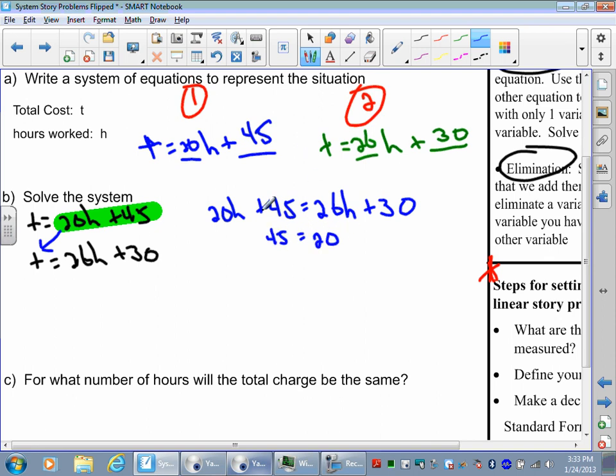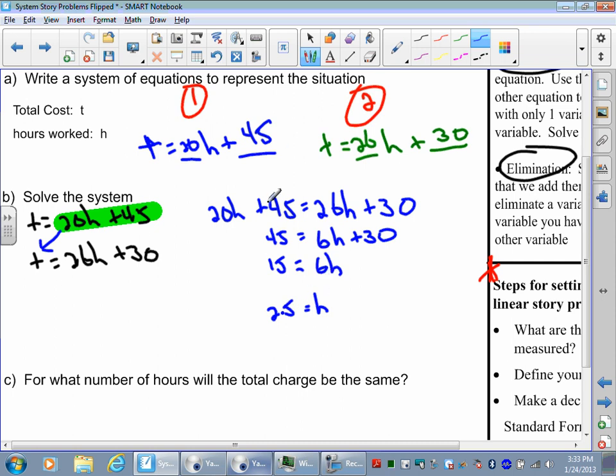So at this point of the year, I'm skipping some steps because you need to be able to see when I move this to the other side, I subtract. So while I'm talking, I messed that up. But that leaves me 6h over here, and I still have 30. Now I need to move the 30 over here, so I subtract. So I get 15 equals 6h. Now I need to divide both sides by 6. So what I end up getting is that h is 2.5.